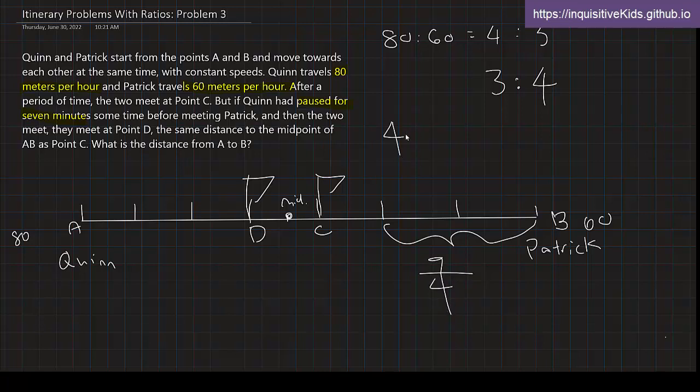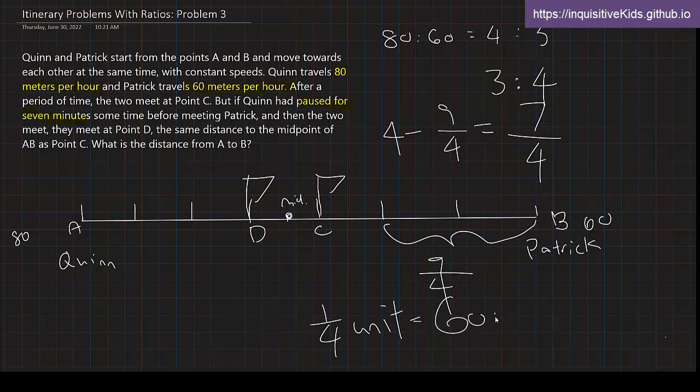So 4 minus 9/4 of a unit, we get 7/4. So therefore, we know that Patrick used up 7/4 of a unit. And from the problem, and with some calculations, we can get that 1/4 of a unit equals 60 meters.